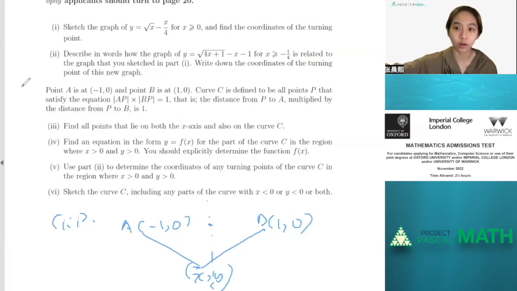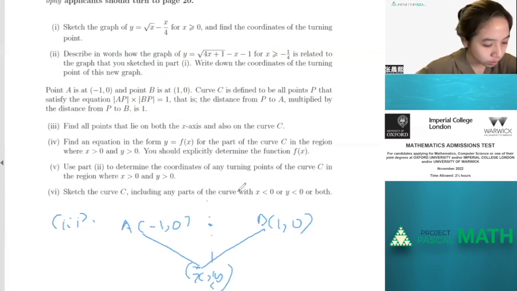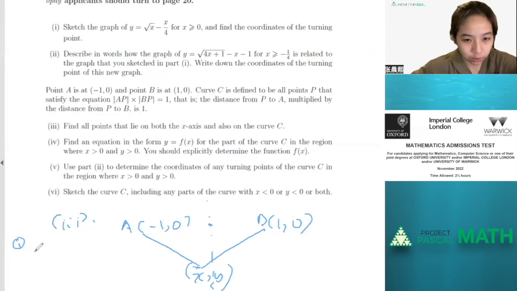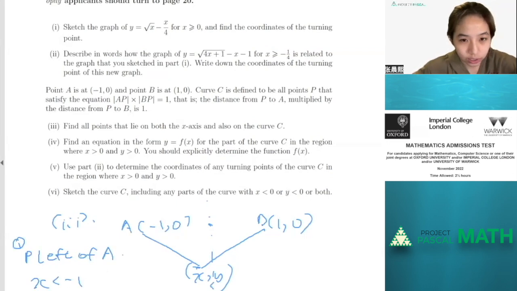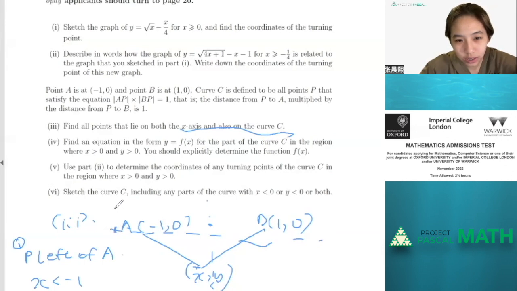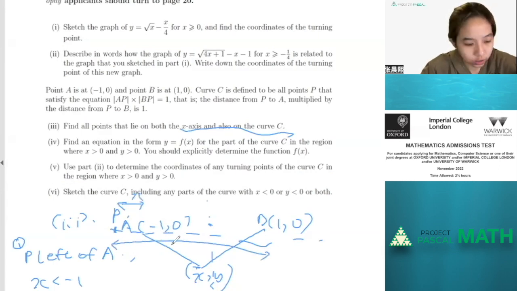So first you consider where this point P is left of A. P is here, and this is x, and this is x plus 1.